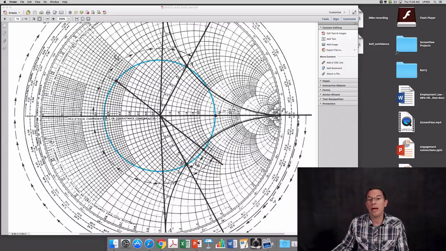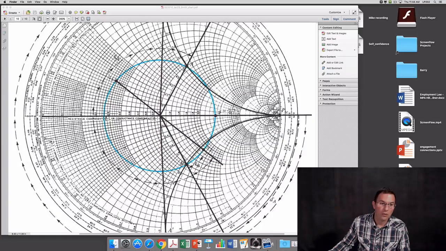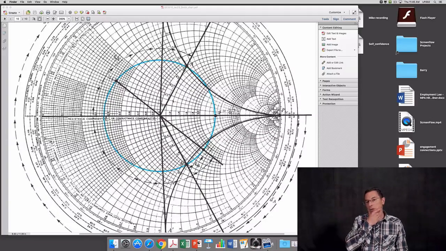So the distance you actually move is from here all the way around to there. That angle is 360 degrees minus that angle. So this angle here is 360 minus this angle that we found. So remember, 360 degrees corresponds to lambda over 2 on the Smith chart.